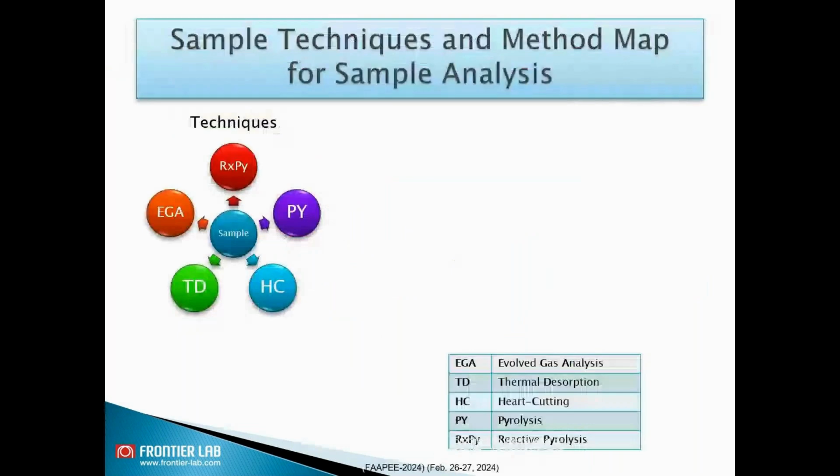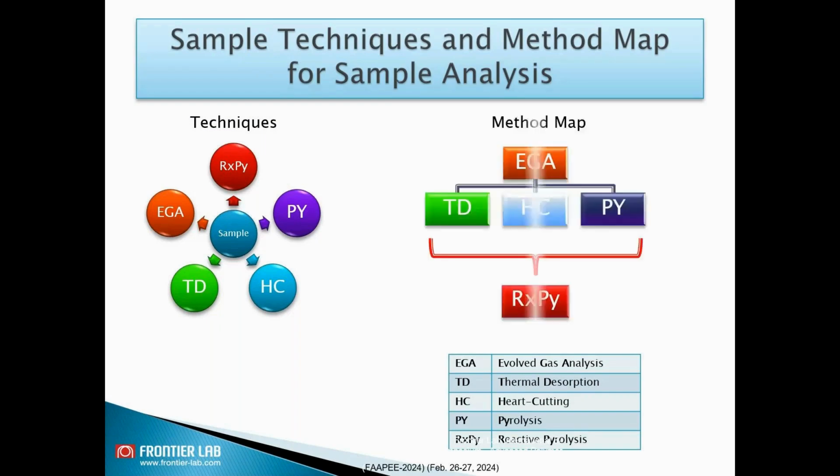When I talk about data analysis or sample analysis, the technique we follow is EGA. Then we draw the method map, where it can be thermal desorption or heart cut or pyrolysis, or further, for complex samples, reactive pyrolysis.